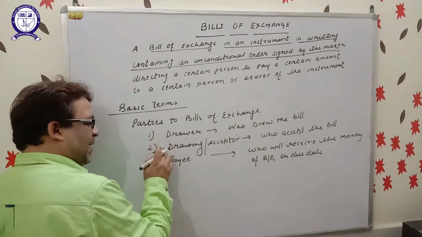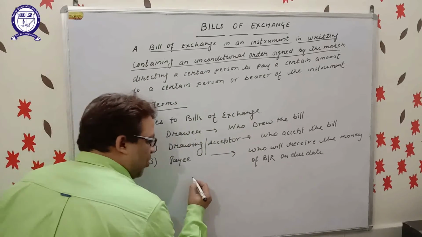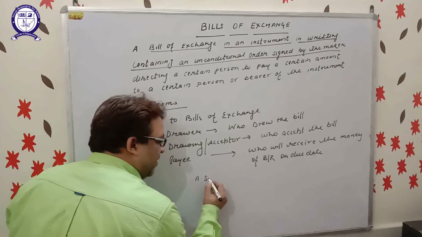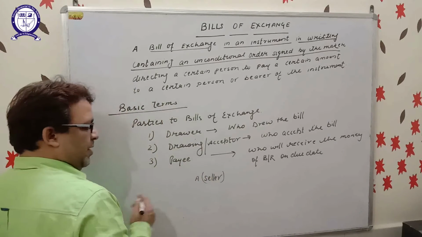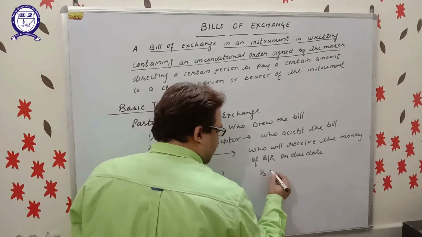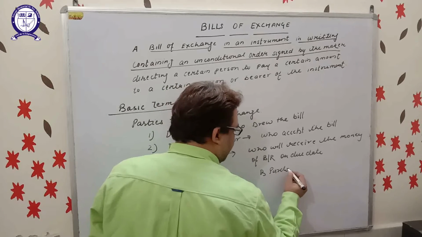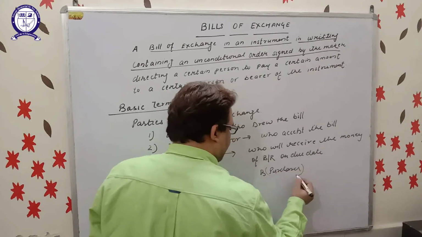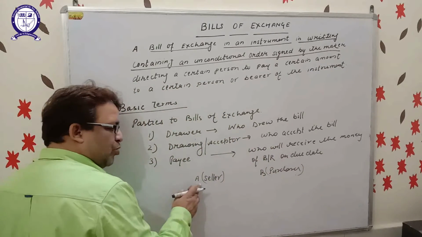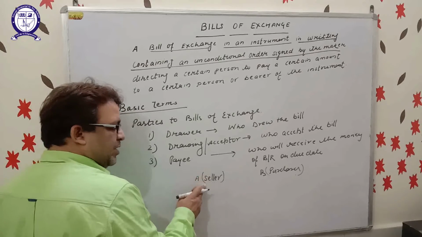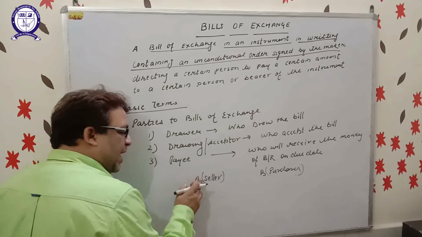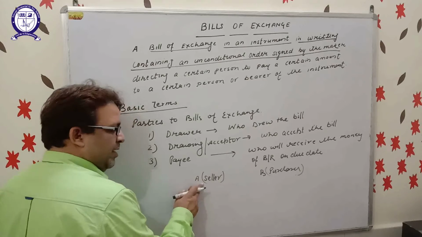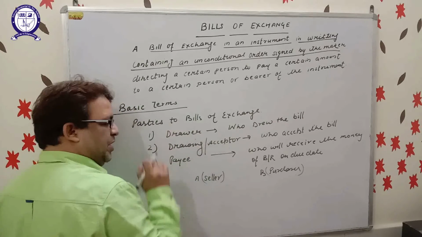Let us understand by an example. Suppose A is the seller and B is the purchaser. A sold his goods on credit to B. So then A will write the bill of exchange.